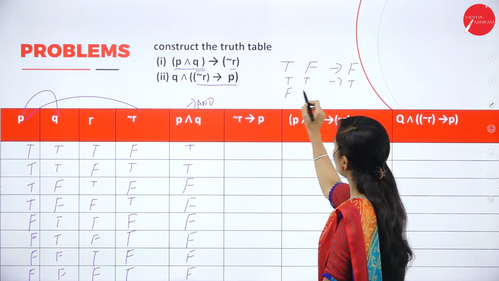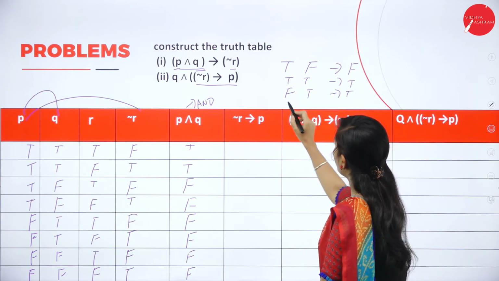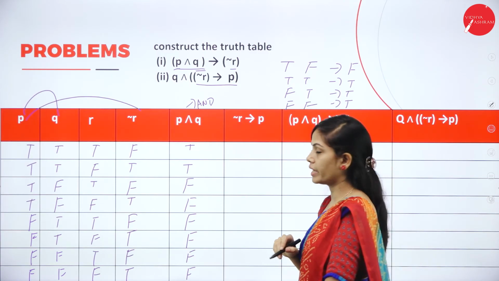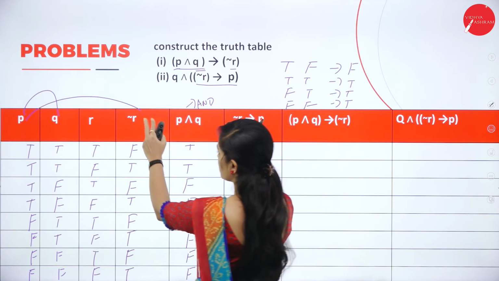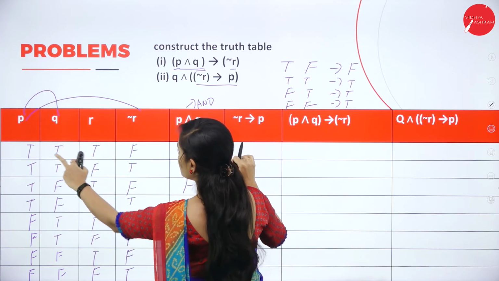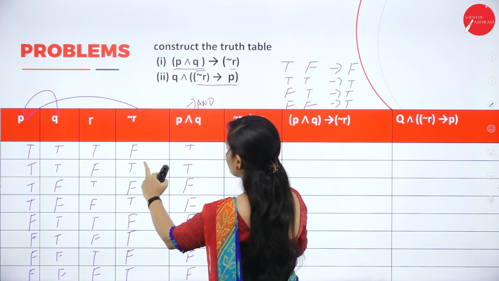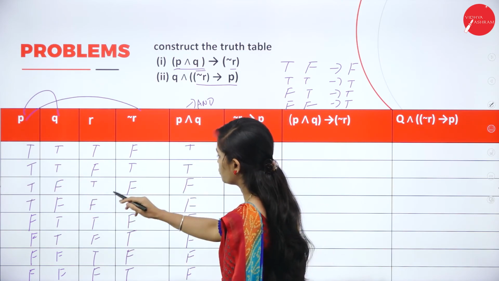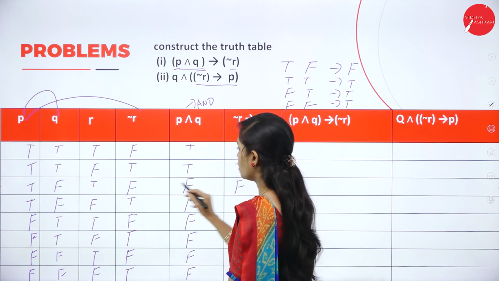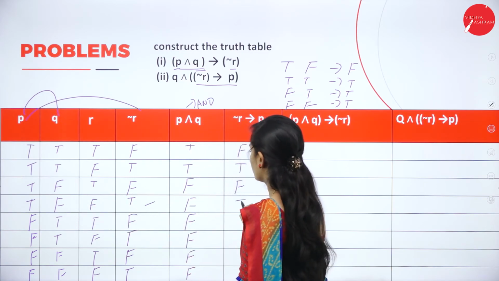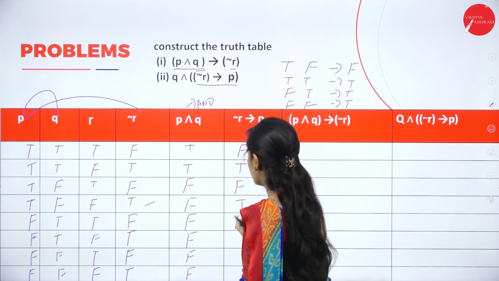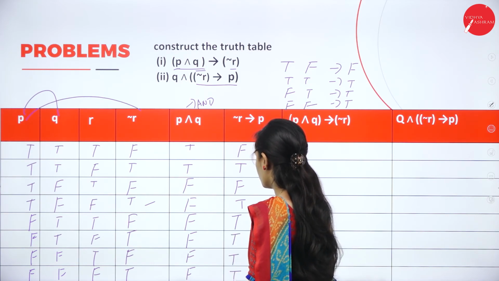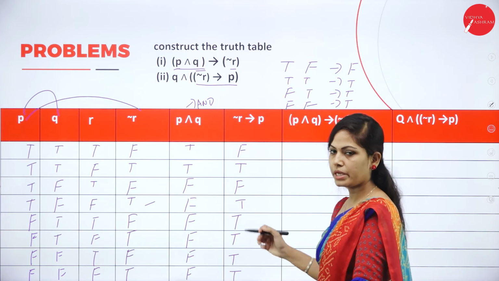False, true is also true, and false, false is also true in implication, right? So here just consider the negation R column and the P column. True, false is false. True, true means true. False, false is true. False, true is true. So this is your implication.